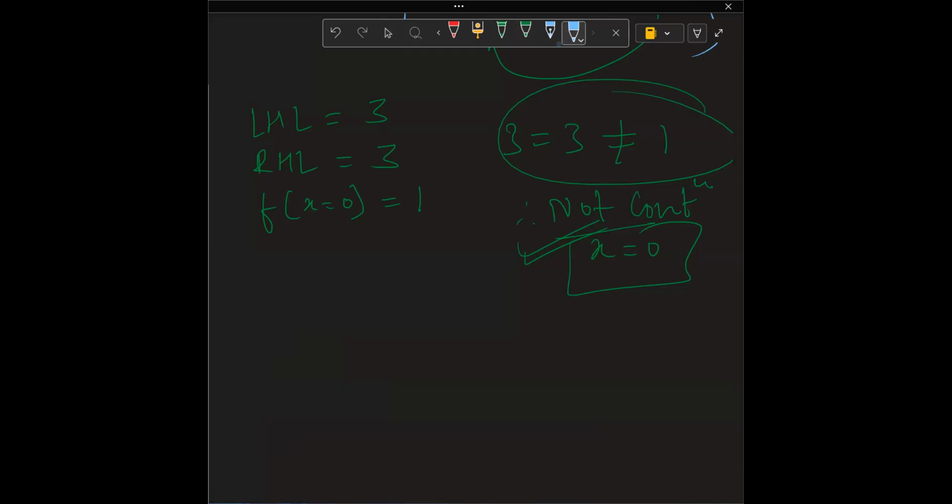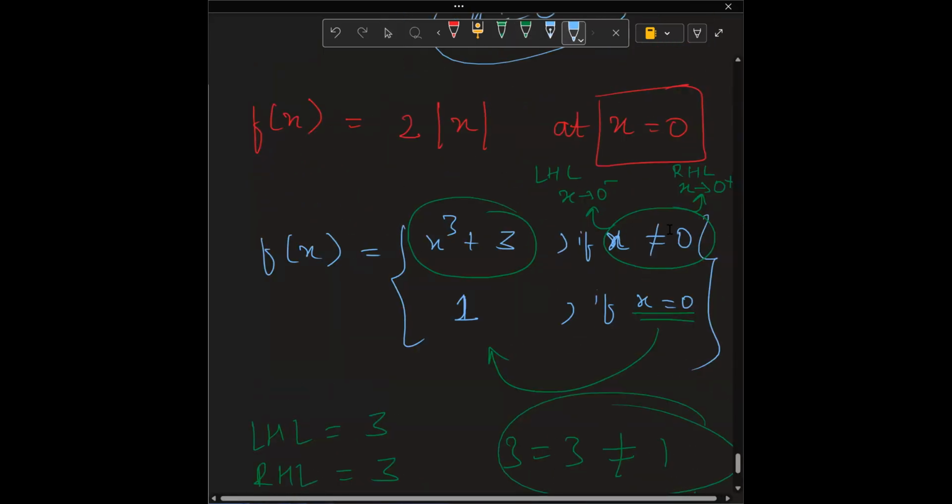Now you understood what this x not equal to 0 represents. That means your x is either less than 0, that means x is tending to 0 minus, or x is tending to 0 plus. Either way, your function value for LHL and RHL is going to be the same, that is x cube plus 3, and at x equals to 0, you have this function value.